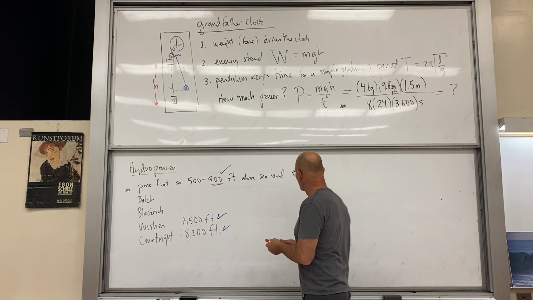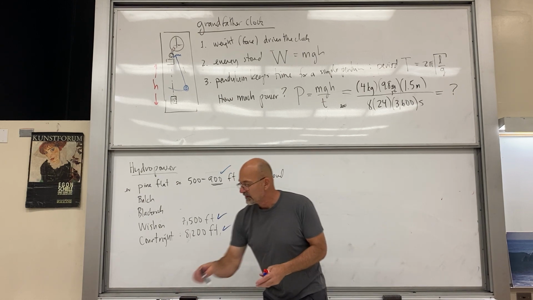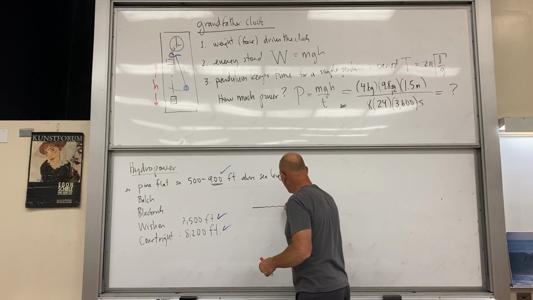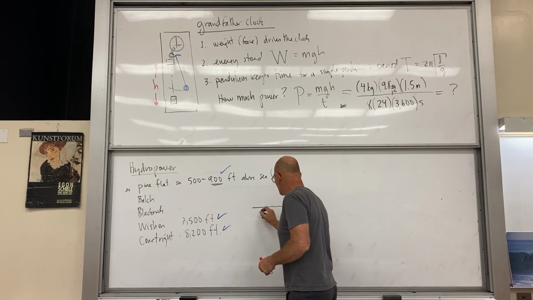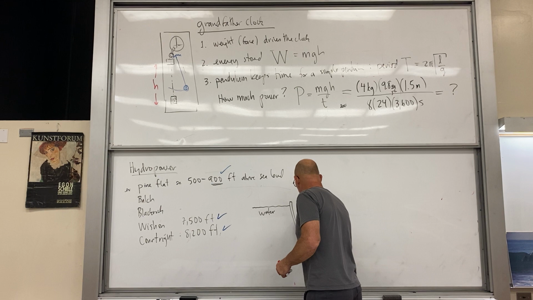Okay, so fine. Now, what we want for our hydropower discussion is just a schematic of what's going on there. So you have a lake behind a dam. You have water here in a lake. You have a dam.